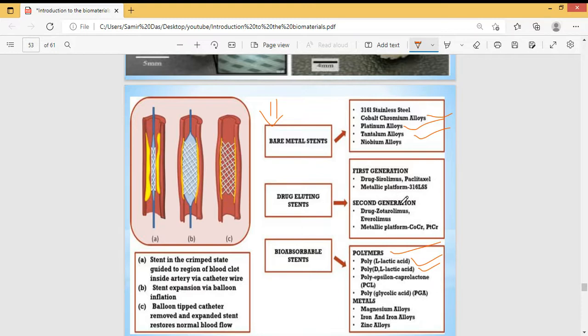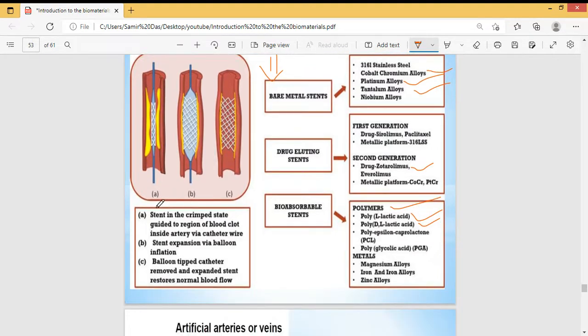In case of second generation, the drug is a limus drug. Just know that name: in drug eluting stents we use a metallic platform as well as a drug eluted from that stent.